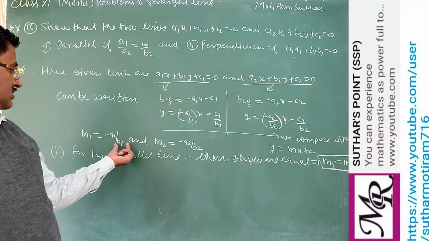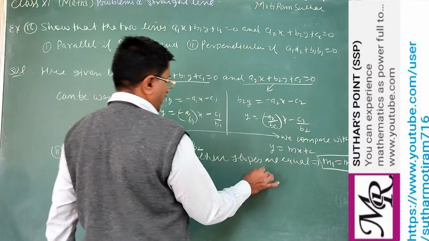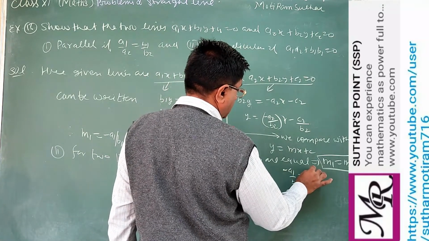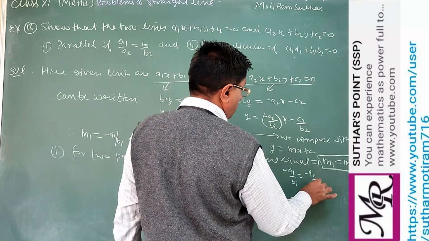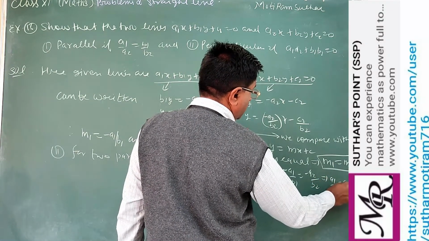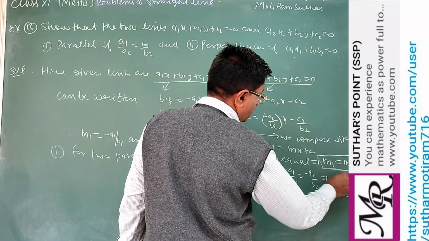So m1 is this: -a1/b1 = -a2/b2, which can be written as a1/b1 = a2/b2.